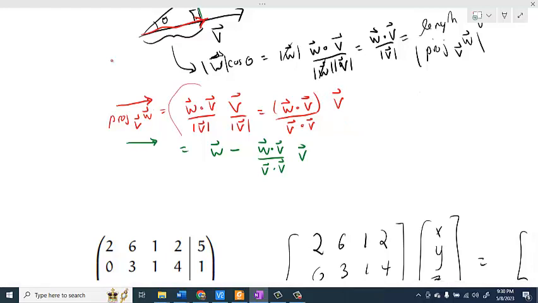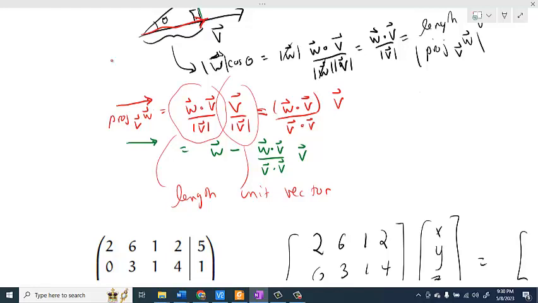So maybe I can see that. So this is the length, and then this is the unit vector. Okay, so I just get this result. It's the inner product divided by the squared length times the vector. Notice there are two factors of V in the numerator, two factors of V in the denominator.